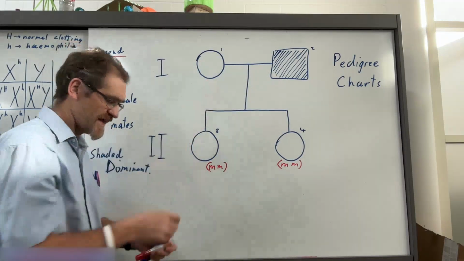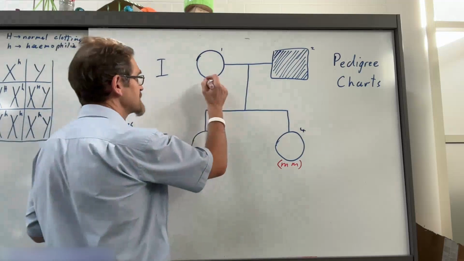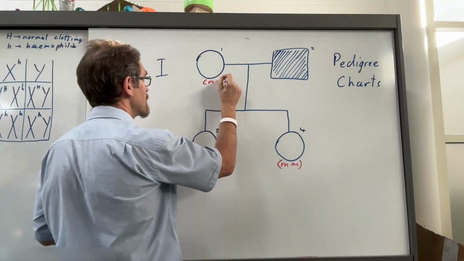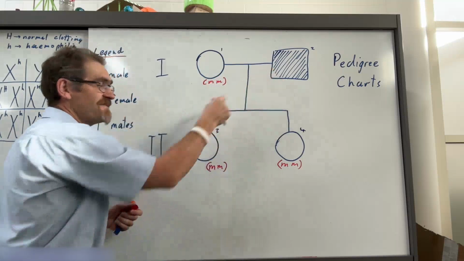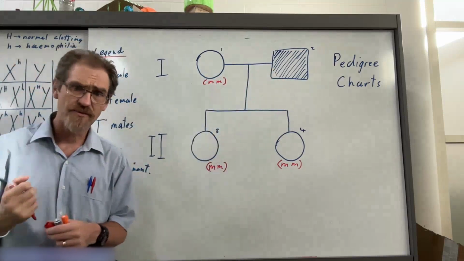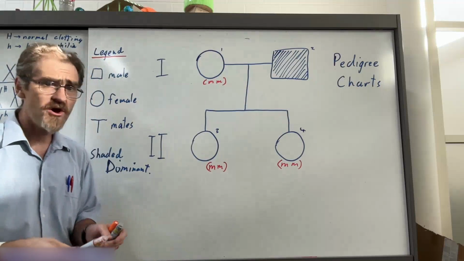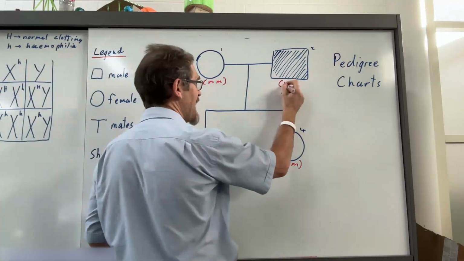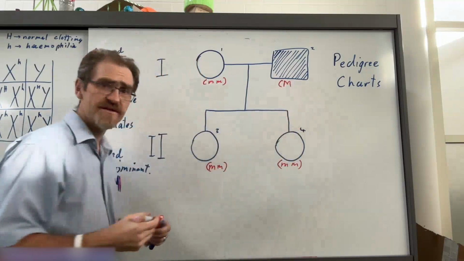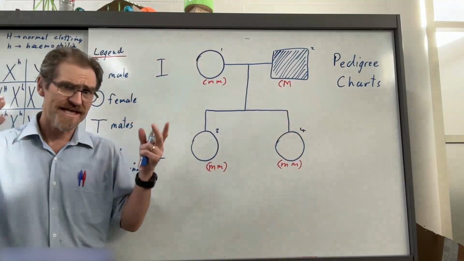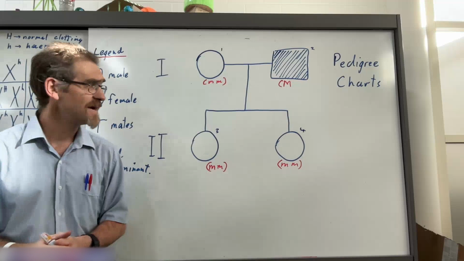That would mean that the mother is also lowercase m, lowercase m. Now, over here, we see the father shaded has monobrowsia. And so we know that this individual has to have a dominant monobrowsia allele inside of their cellular structure.